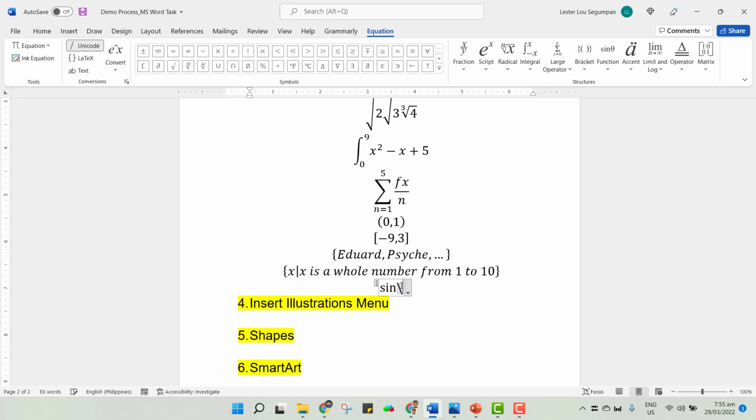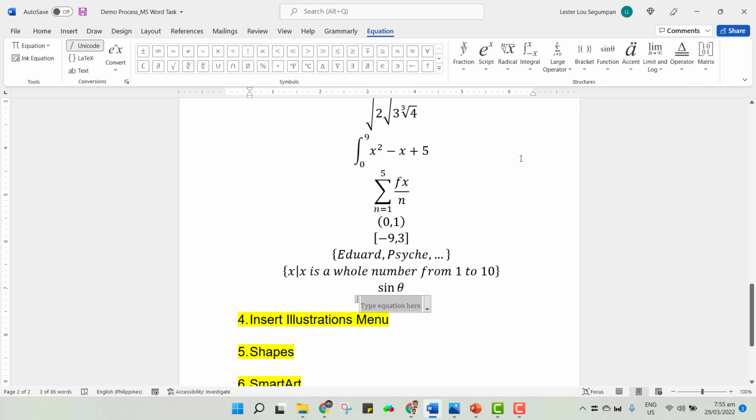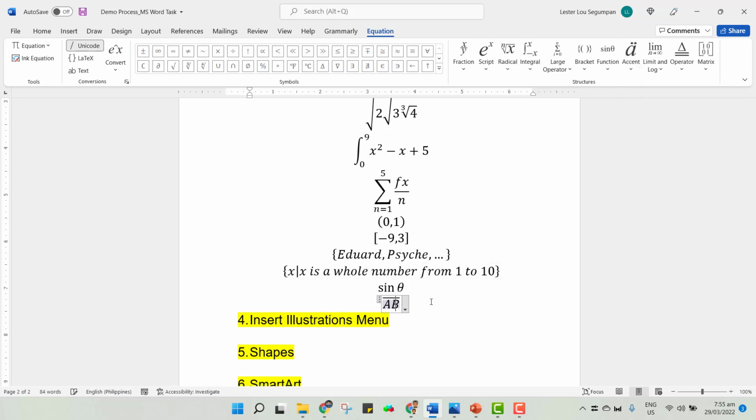Forward slash theta. Sine theta. Okay? You can also insert such trigonometric functions. The accent here is for symbols with accents, such as line segment AB.